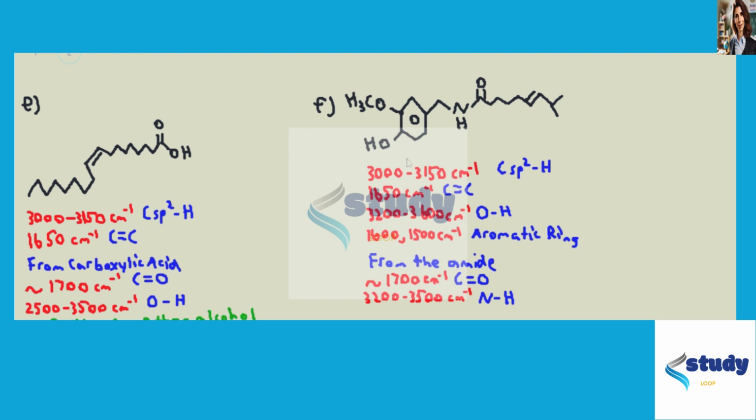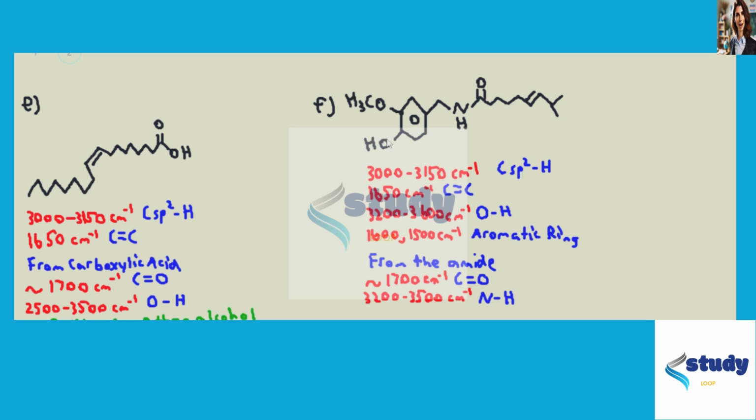And then lastly, F. F has, let's see, 1, 2, 3, 4, 5 functional groups, really, if you count the aromatic ring as a functional group. And so the alkene, like we've talked about in E and in C, is going to give us these two signals, 3000 to 3150 and 1650, for the two different types of bonds associated with the alkene.